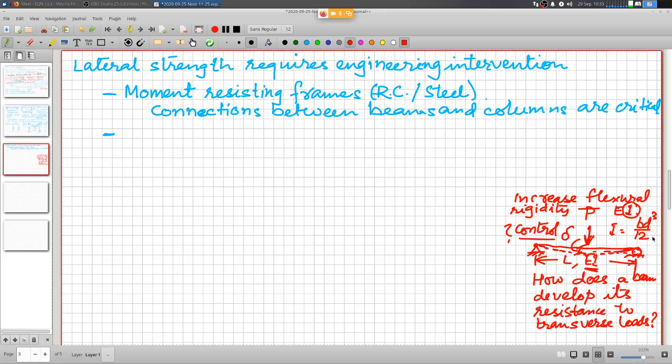Right? Moment of inertia is proportional to the third power of the depth of the beam. So if you increase the depth, the benefits are exponential. And that is what we do when we do this.